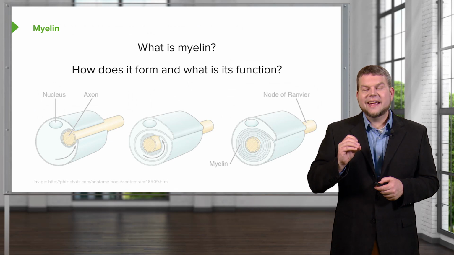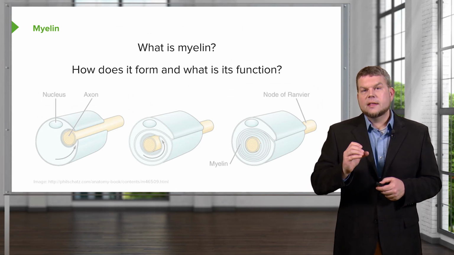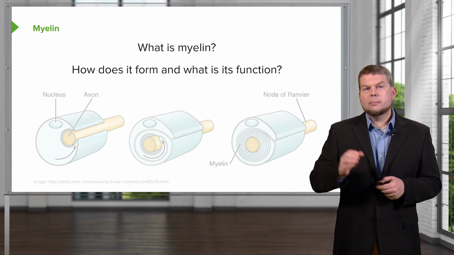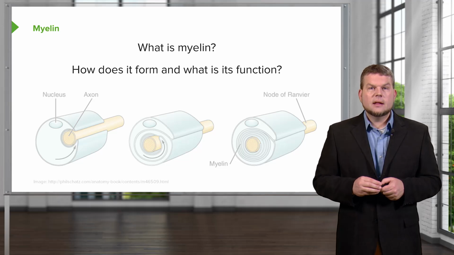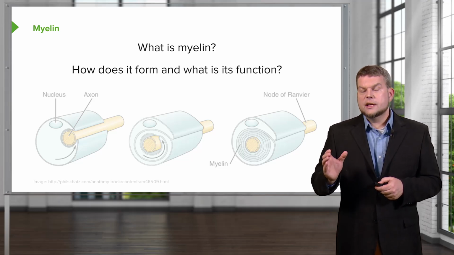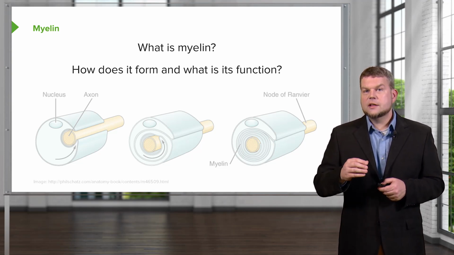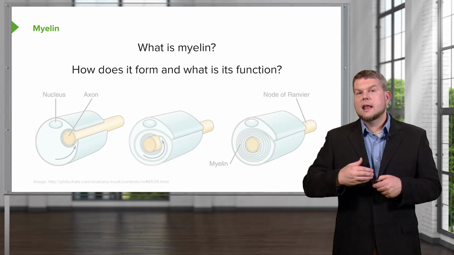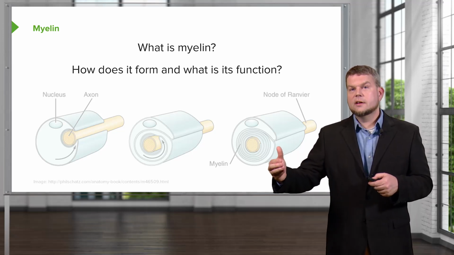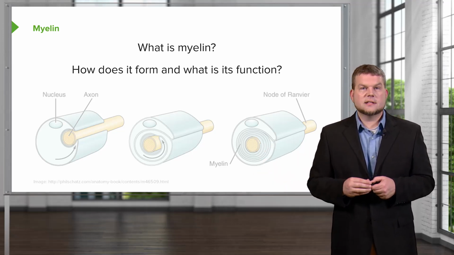Myelin is going to be an insulator that is allowed to wrap around an axon. Its form and function is going to be primarily as an insulator, and so you have less current that is lost across the axon.